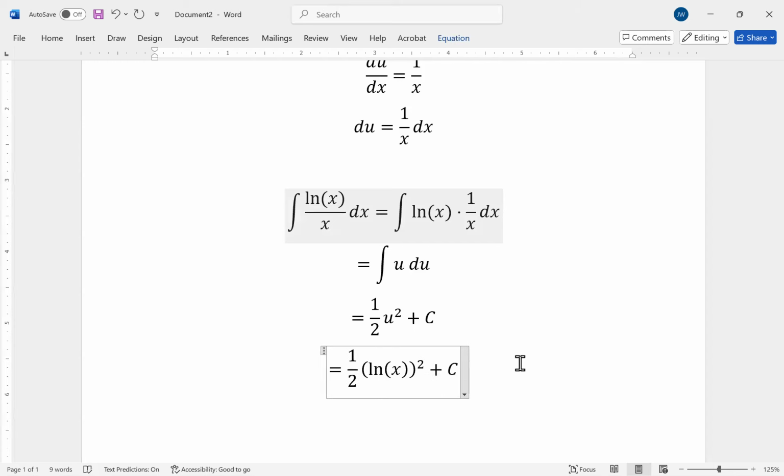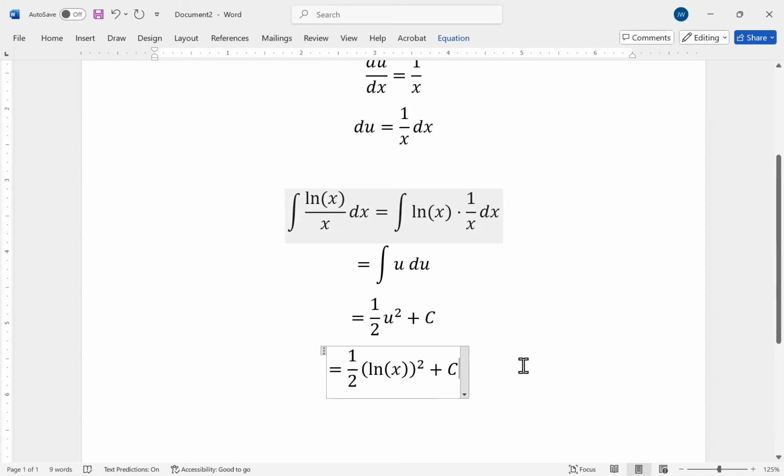So that would be my final answer: 1/2 times the natural log of x, squared, plus c. Again, the natural log is inside the parentheses, and that whole quantity is being squared.